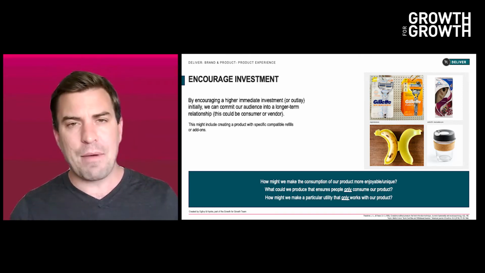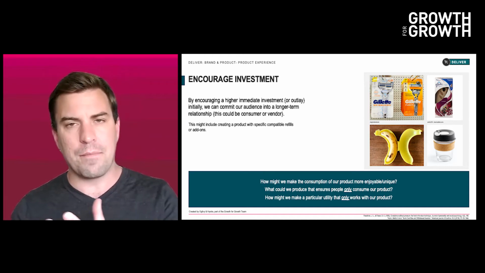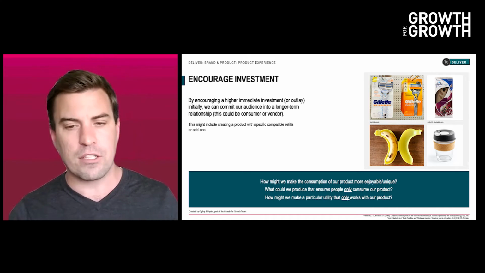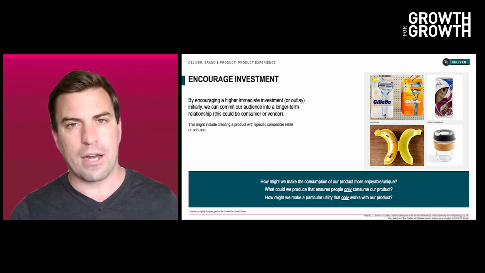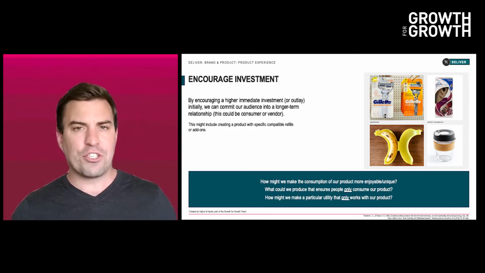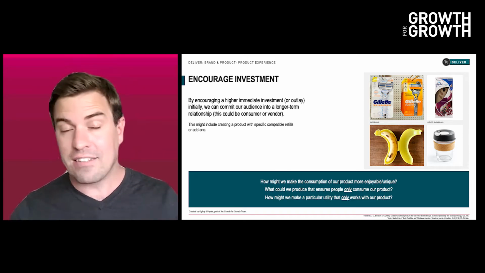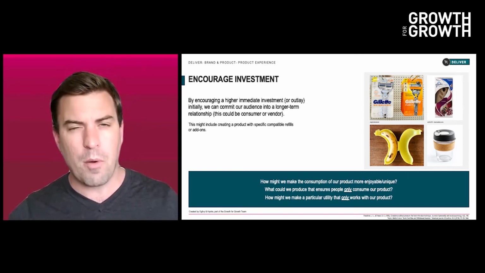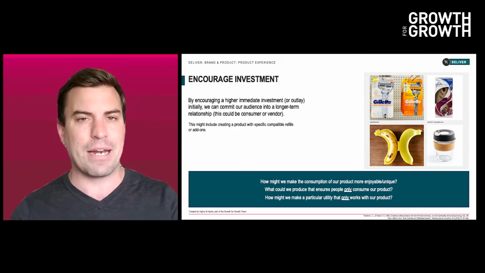So by thinking about the ways in which we can build infrastructure utility that requires some sort of investment, we can hope to encourage that action over time. So what are some of the questions this might pose for us? And again, this is an interesting one when we're looking at low-income consumers and what investment is comfortable. But what we're looking to do is increase our skin in the game and an outcome.